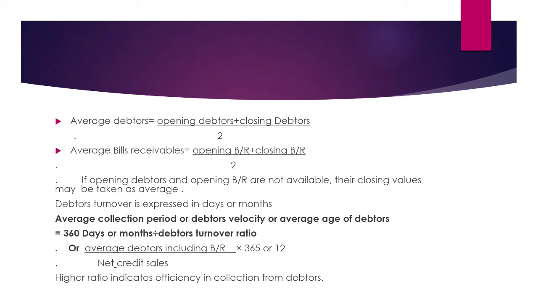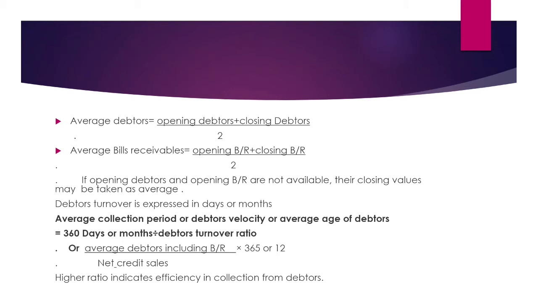Average bills receivable is found out by using the formula: opening bills receivable plus closing bills receivable divided by 2. If opening debtors and opening bills receivable are not given, their closing values may be taken as average.